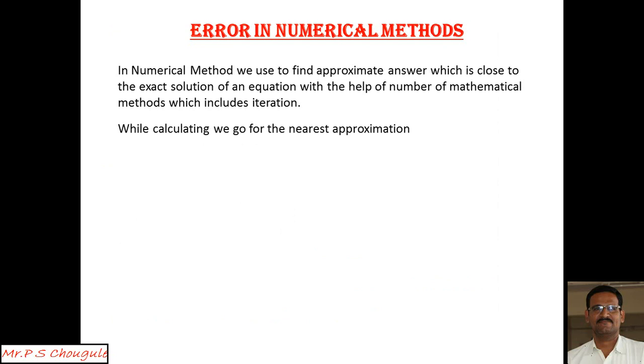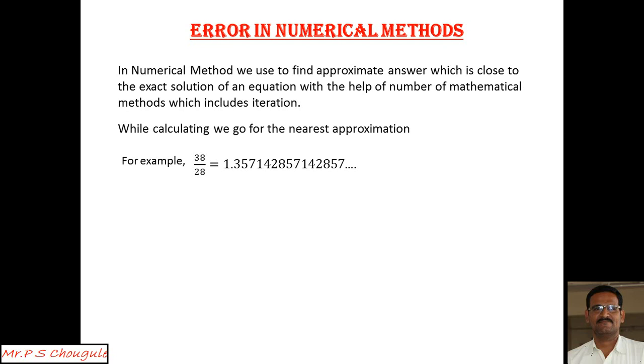For example, suppose at one point of iteration we are going to find 38 divided by 28, which is 1.3571 and so on. Now we need to take this value into the next iteration, or we need to conclude here.